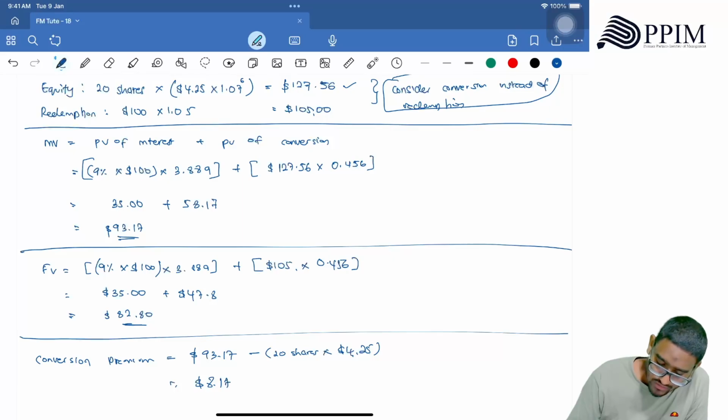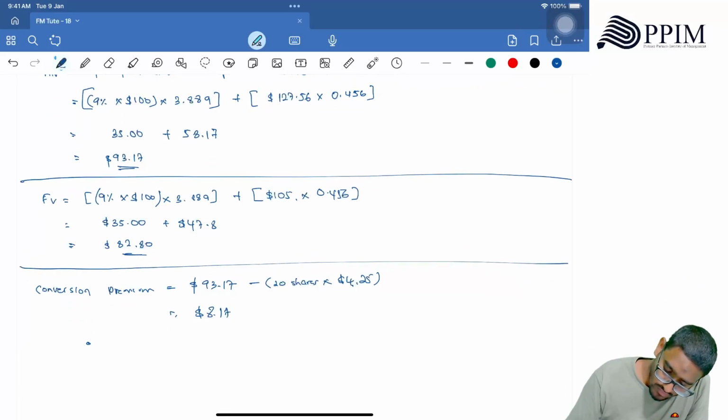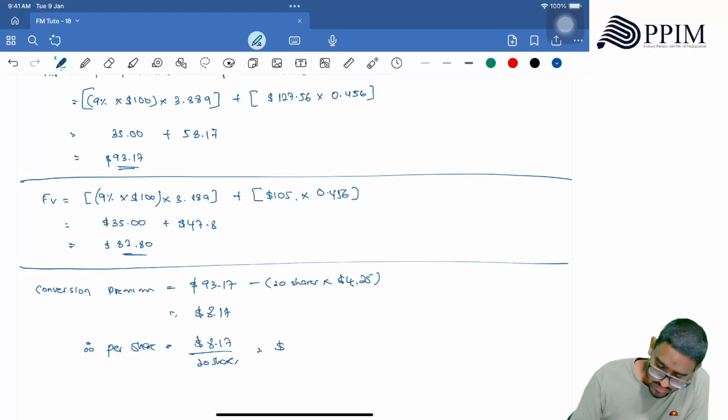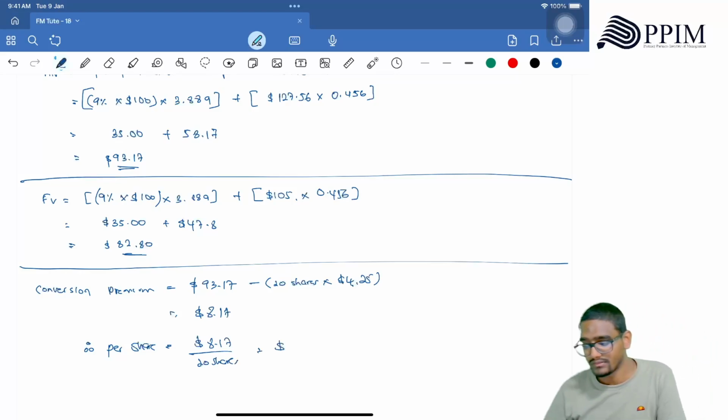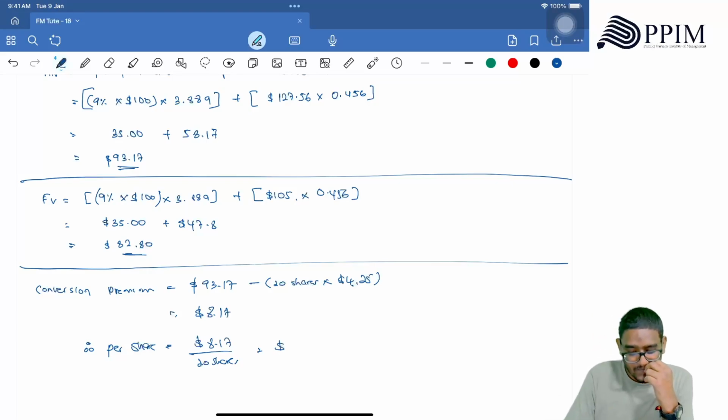So if you consider it on a per share basis, 8.17 divided by 20 shares, how much? 0.41.